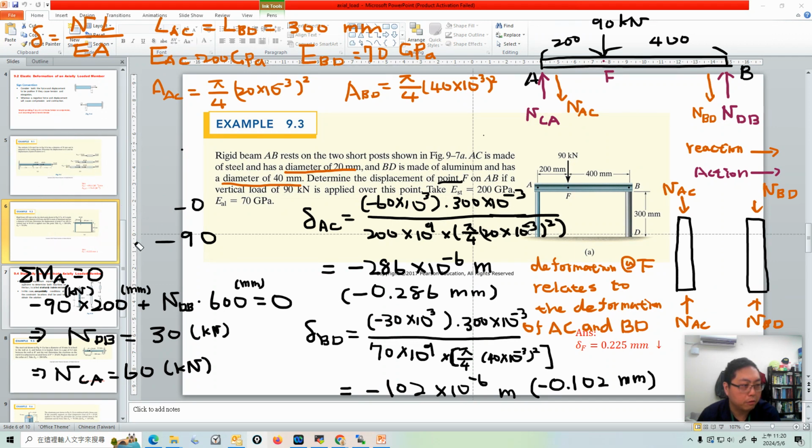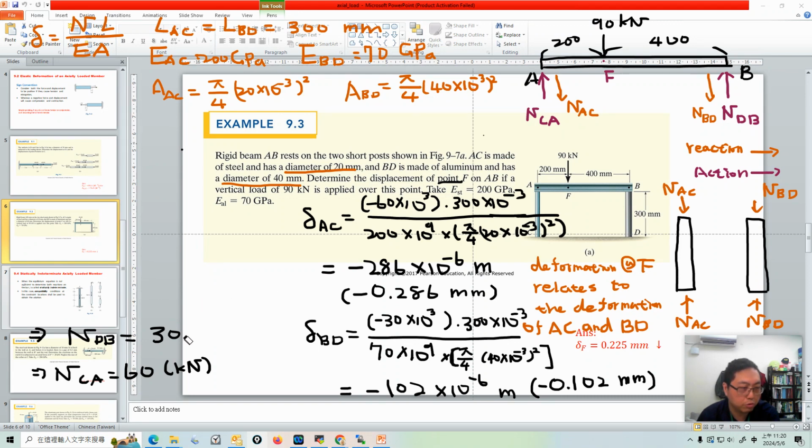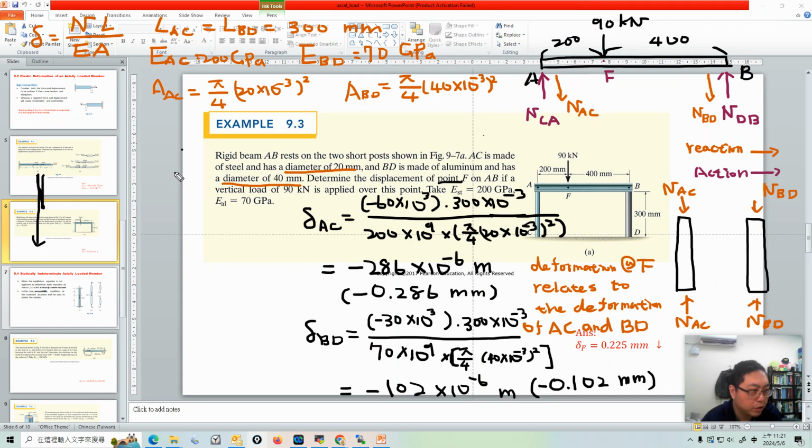For the final part, we have the deformation of AC and the deformation of BD. Let's draw a diagram. It's compression here and here, so we have deformation AC and deformation BD.